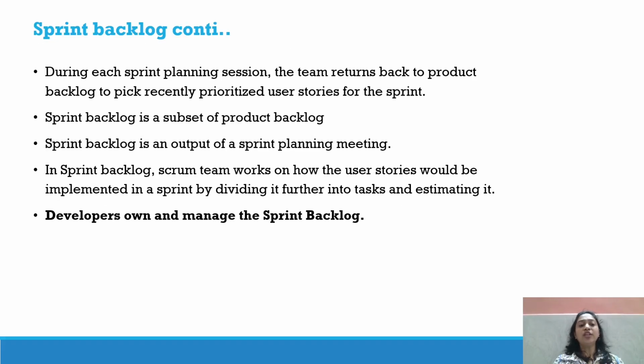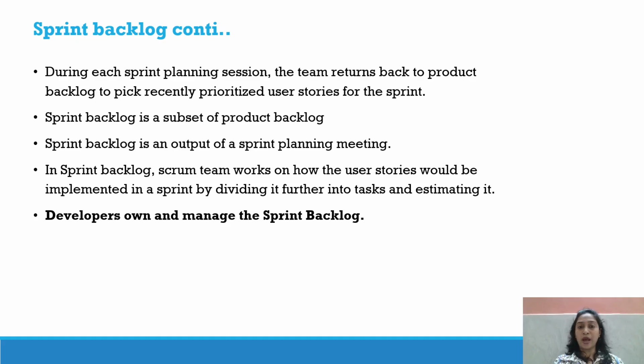So during each sprint planning session, the team returns to the product backlog to pick recently prioritized user stories for the sprint. The sprint backlog is a subset of the product backlog. The sprint backlog is an output of the sprint planning meeting.